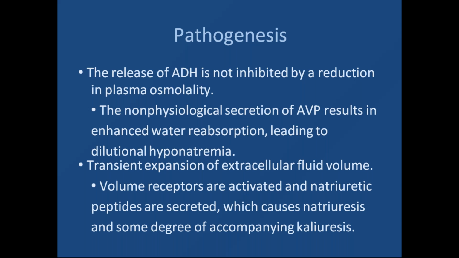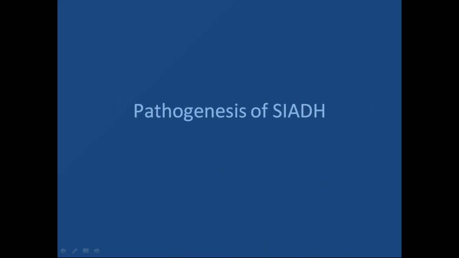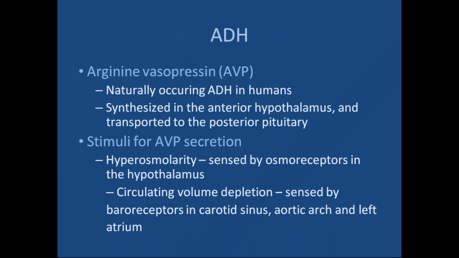Since the ADH is being secreted inappropriately, the volume receptors will be activated, which are present not in the osmoreceptors, but the volume receptors in the carotid sinus and arch of aorta. These will be activated. But the osmoreceptors, the problem is here. The hypothalamus is not able to detect the hyperosmolarity.